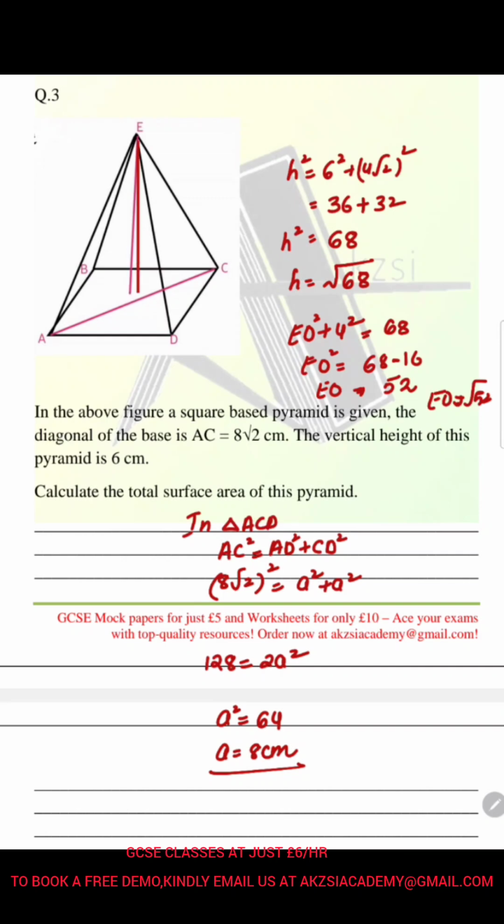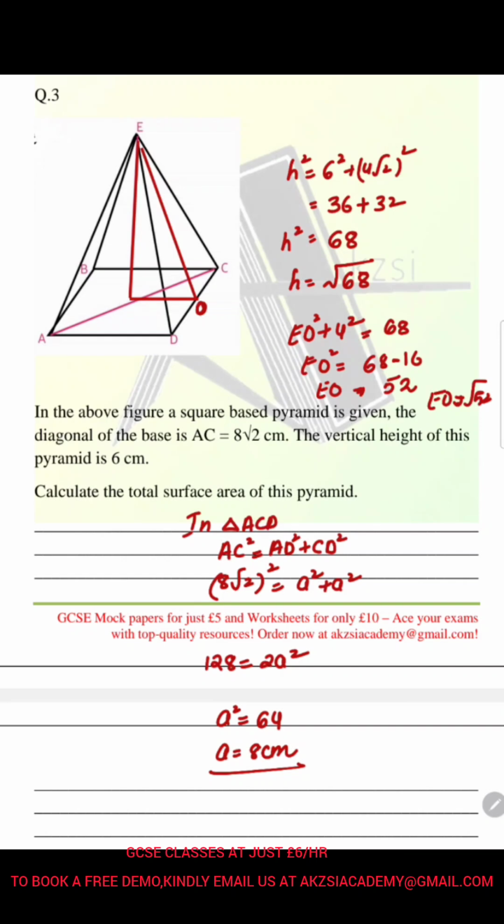Because it's at the midpoint, if I draw this one, it's passing through the midpoint to the side, and then if I draw this, it's a right triangle. Clearly, if I name EO and let's say this be D, say for example, I'm just naming it.